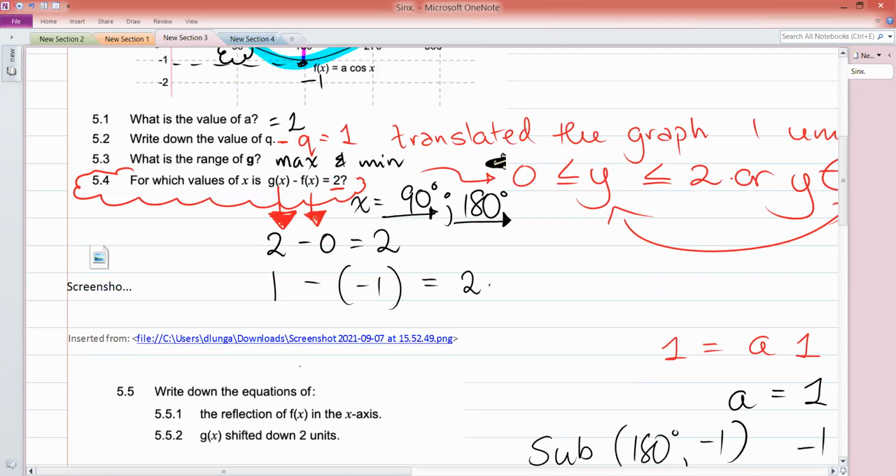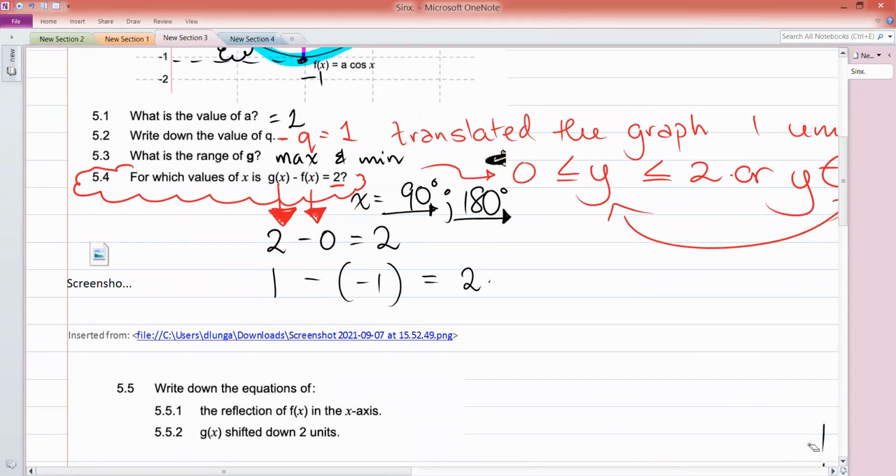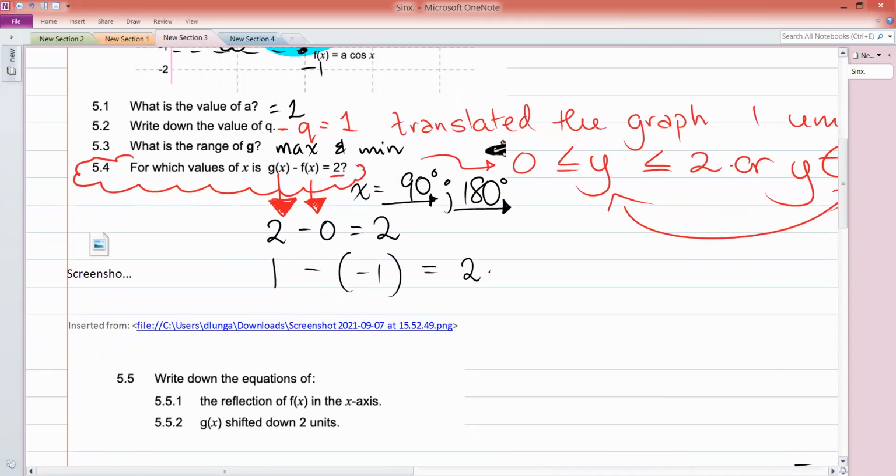Then reflections now. The reflection of f of x in the x-axis. Remember, we did reflection some time ago. How do we reflect something in the x-axis? Who remembers?